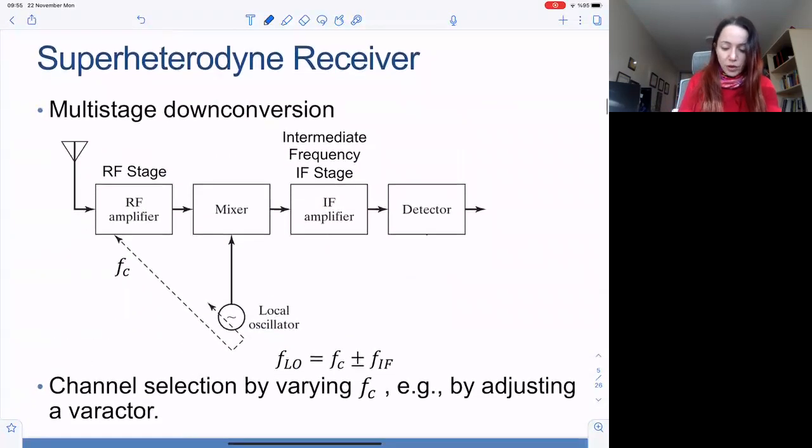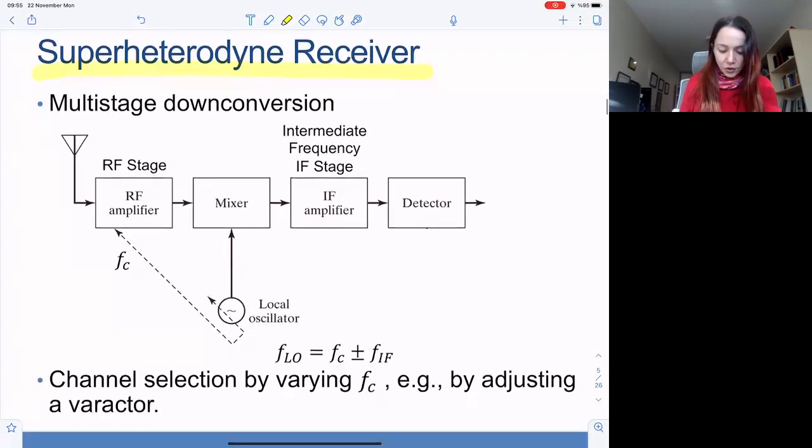Now, let's talk about the superheterodyne receiver structure. It's a classical, quite ancient receiver structure. So the idea is what we just discussed. Take the RF amplifier, tuned appropriately, such that after the mixer with the local oscillator, the frequency of the received signal is going to be at IF.